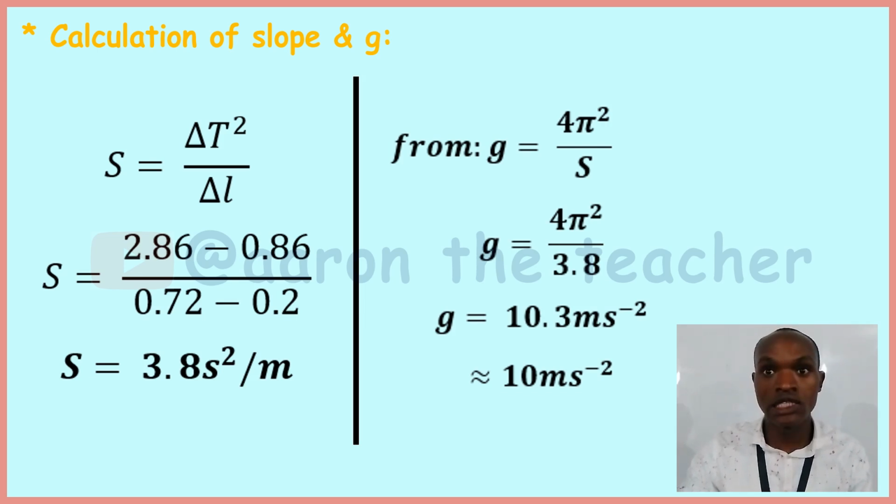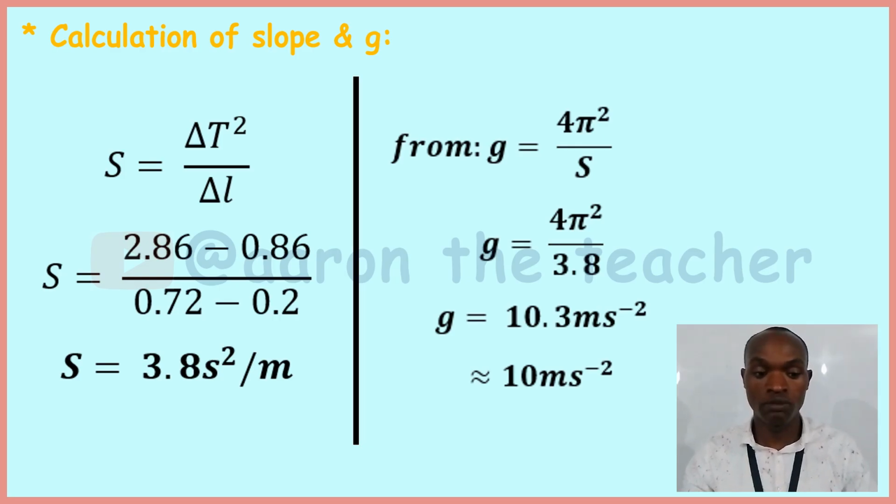If you don't know where it is coming from, check the theory. Check it out and see how it comes. Then when you substitute for our s, we end up with 4 pi squared divided by 0.8, giving us 10.3 meters per second squared.